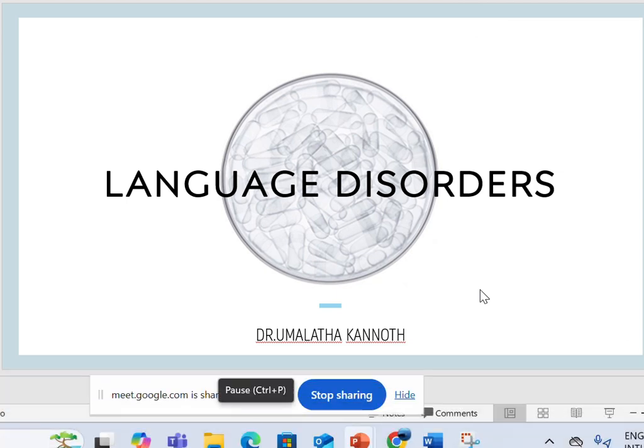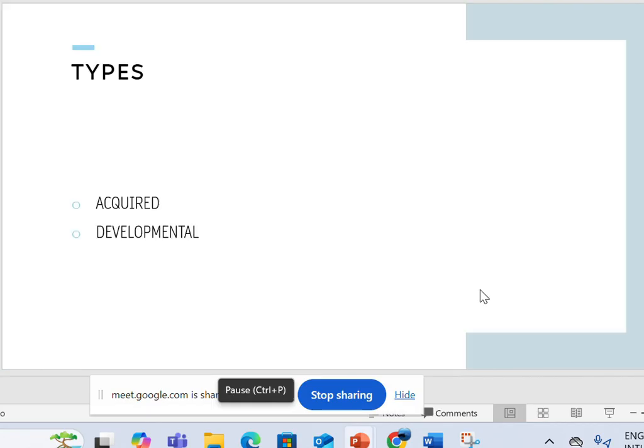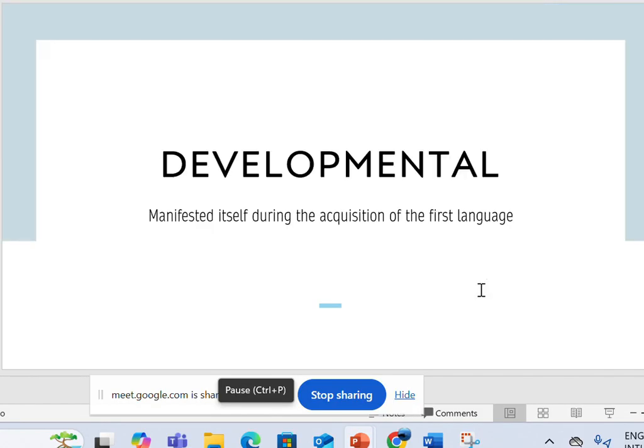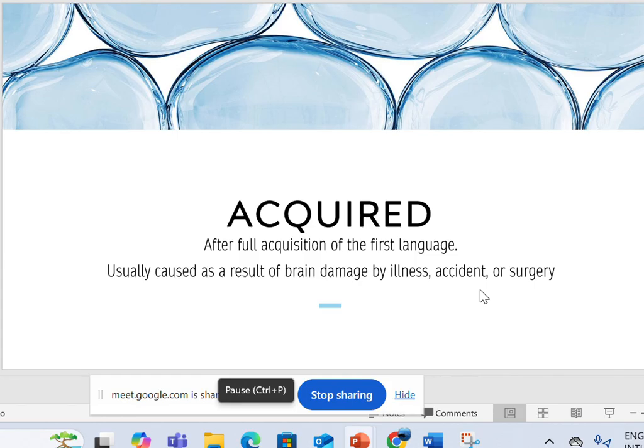NET, we can say, that is language disorders. Language disorders are of two types, acquired and developmental. Acquired means after the full acquisition of the first language.